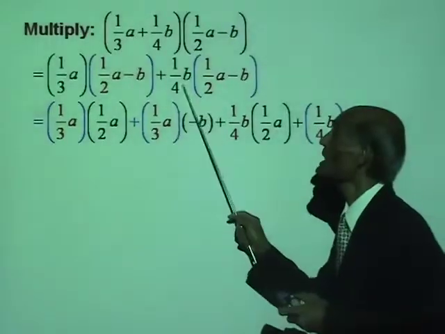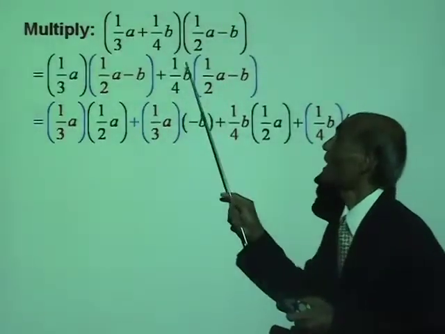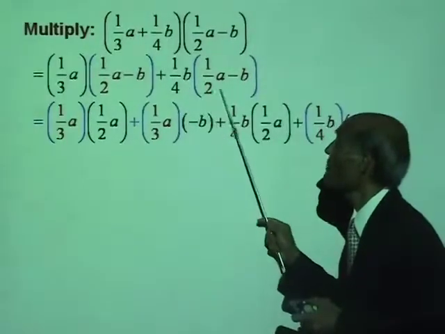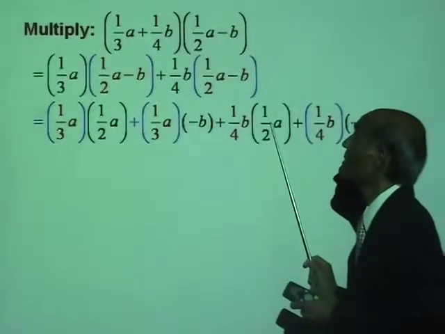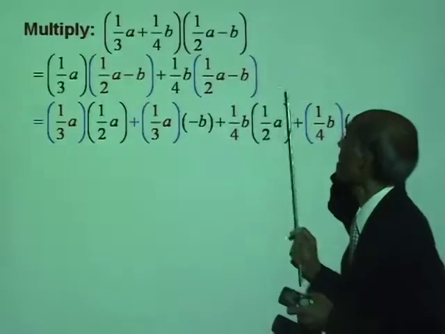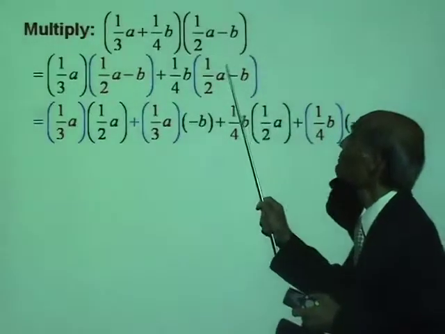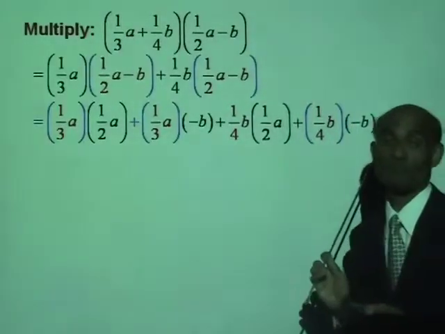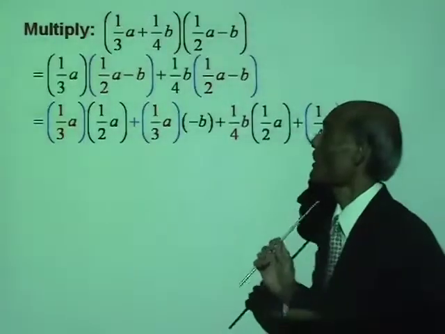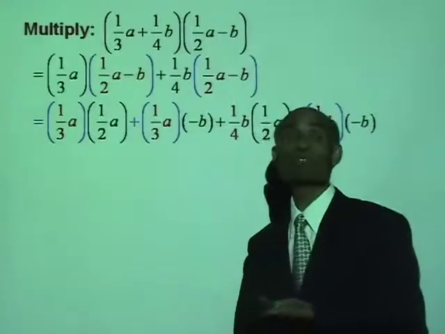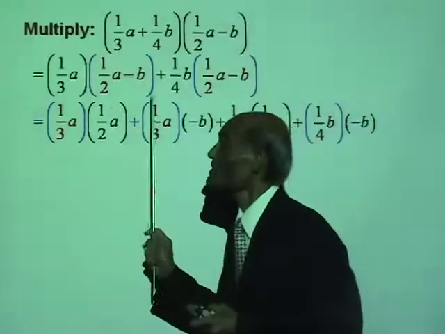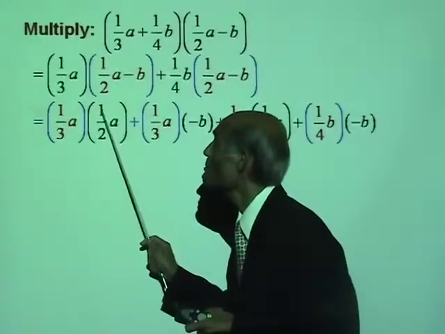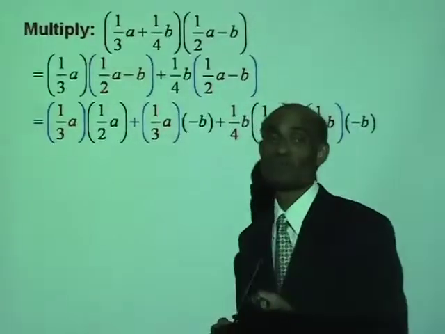Let's now go to the second term. Now, there 1/4 b multiplied by 1/2 a plus 1/4 b multiplied by negative b. Alright, let's now deal with these numbers. What is 1/3 multiplied by 1/2?